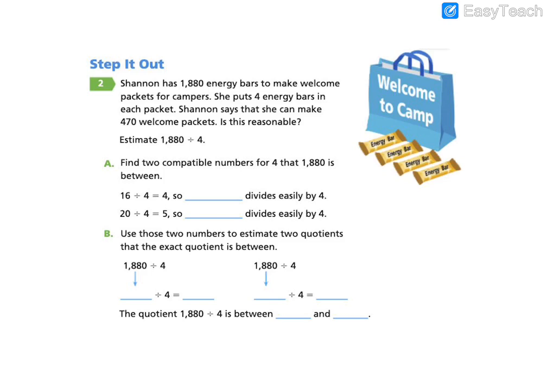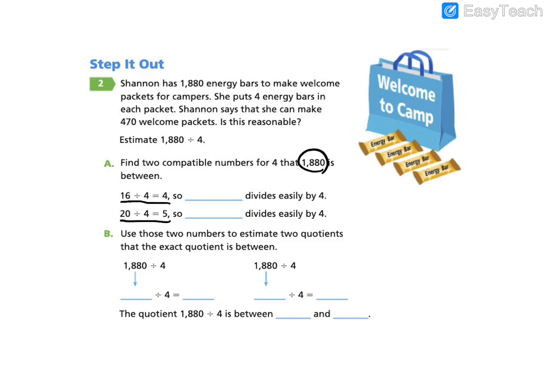It's giving us some facts right here, right? 16 divided by 4 is 4. 20 divided by 4 is 5. What are our compatible numbers? What is a number using 16 that is close to 1,880? How can we rename 16?